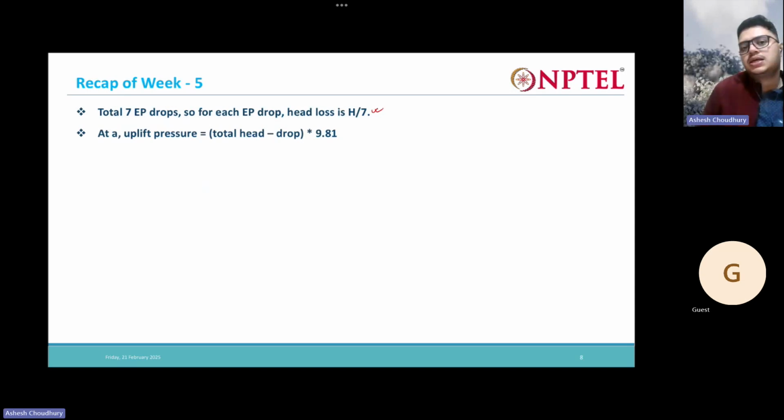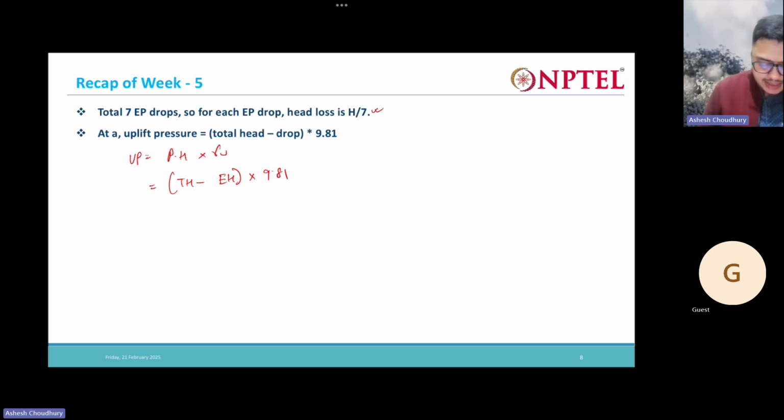The pressure head times the unit weight of water gives us the uplift pressure. And the pressure head is the total head minus the elevation head. So the total head minus the elevation head gives us the pressure head, and the pressure head times gamma W gives us the uplift.